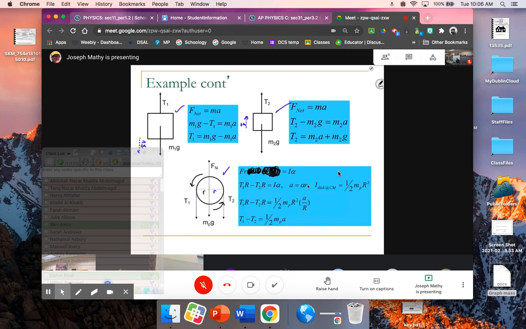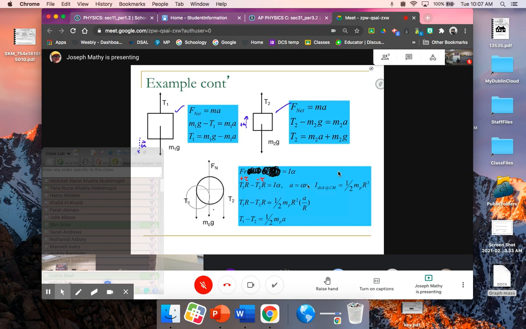So T1 ends up being our positive torque because it is capable of producing counterclockwise rotation. So, in a way, this is a positive torque, and this is a negative torque. And that's simply based on this and this, or this and this.